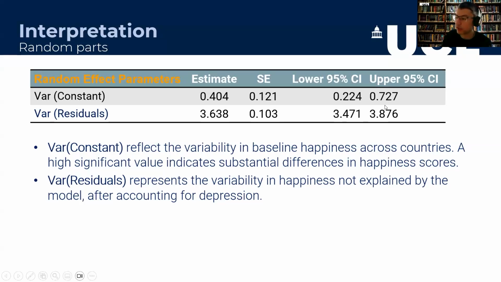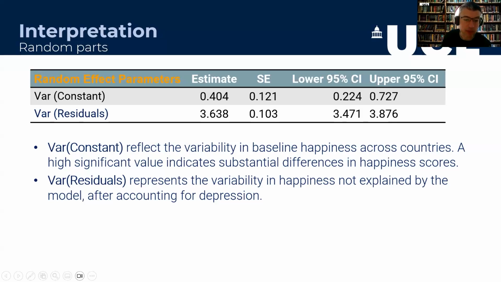So you can see here that the variation is 0.4. It is significant, and it ranges between 0.2 and 0.7. And a high value of this variation suggests that there are quite a lot of differences in the average level of happiness across the different countries.